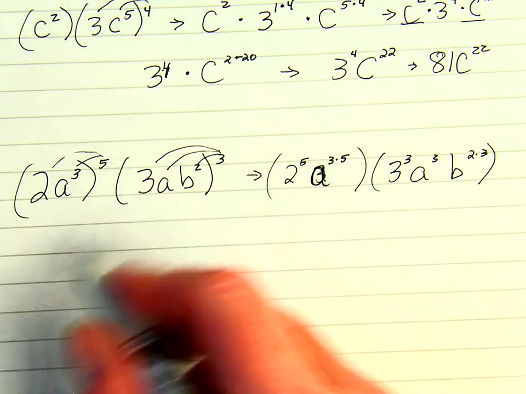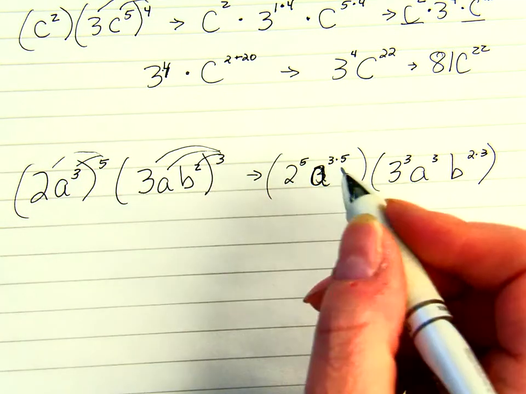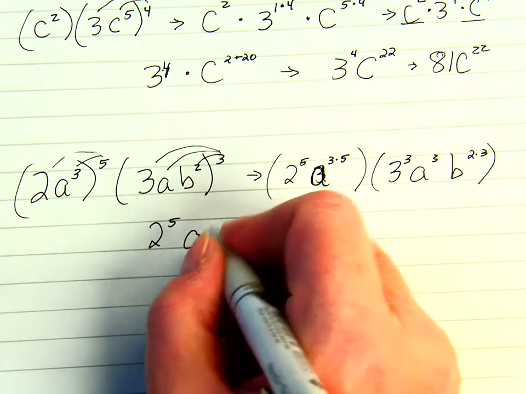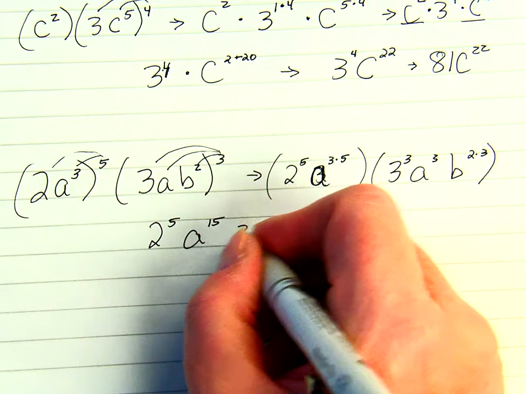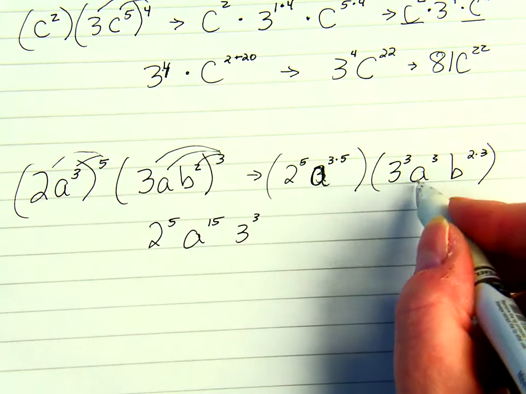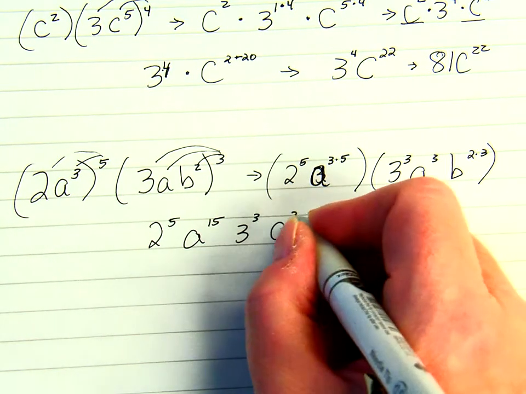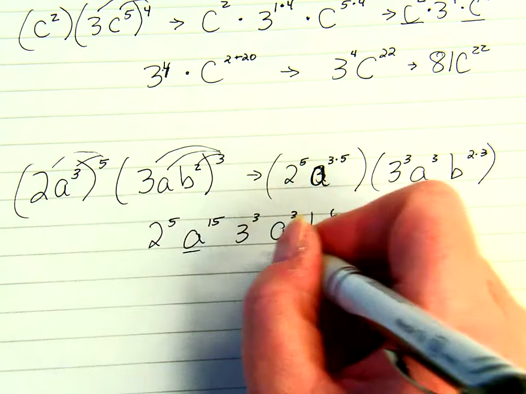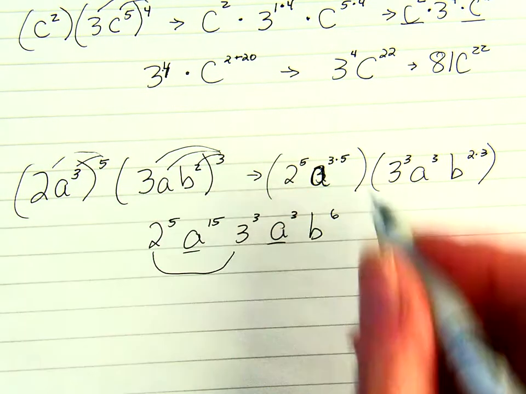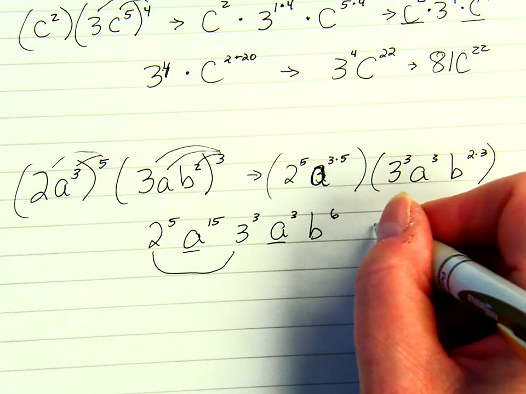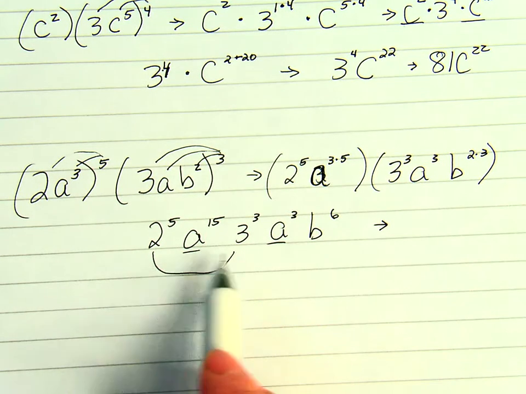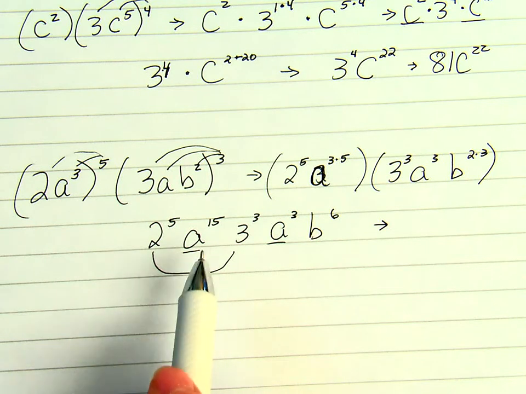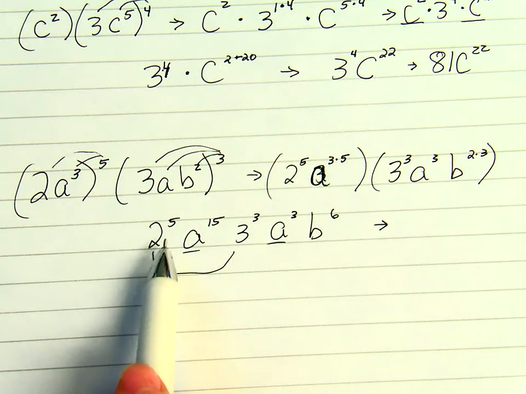And now I'm going to just kind of rewrite everything so it's pretty clear. 2 to the 5th, this is A to the 15th, this is 3 cubed, this is A cubed, and this is B to the 6th. Now I know I can combine these two things and I can combine those two things. So I know that I need to expand my constants.